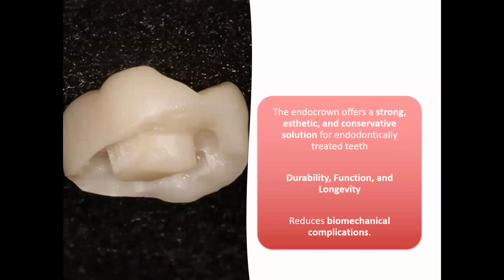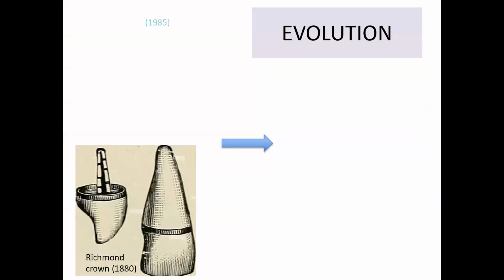This endodontic crown offers a strong, aesthetic, and conservative solution for an endodontically treated tooth, thereby enhancing the durability, function, and longevity of the tooth structure, thereby reducing biomechanical complications.